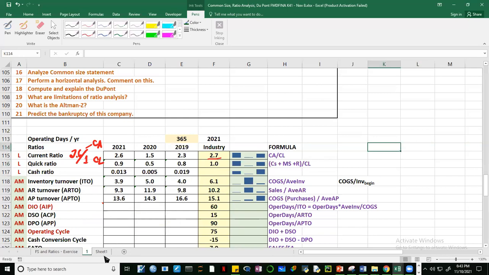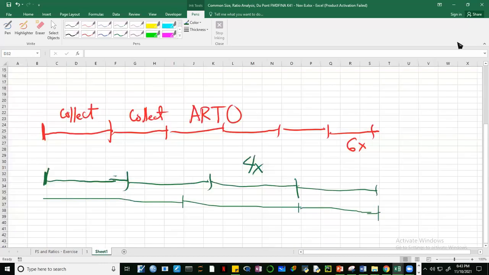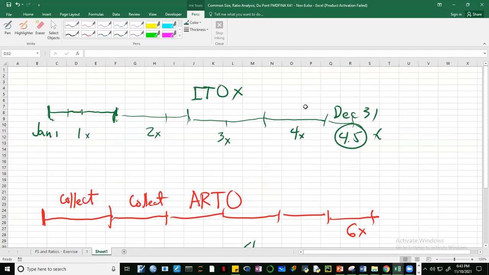Okay, let's go back to our example. Sabi ko, yung number of times it takes the company to buy raw materials, convert to finished product, and then sell. Ito yun, ITO. Yung number of times na yan, you can look at it in terms of number of days. Ilang days to?